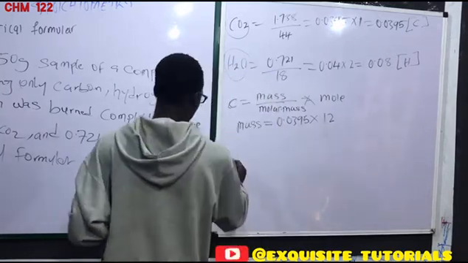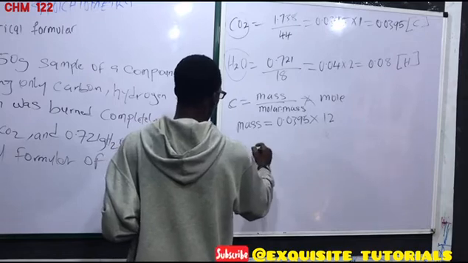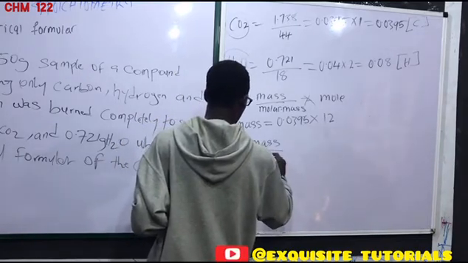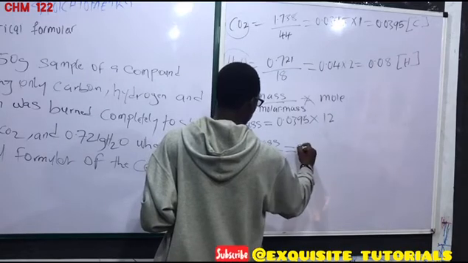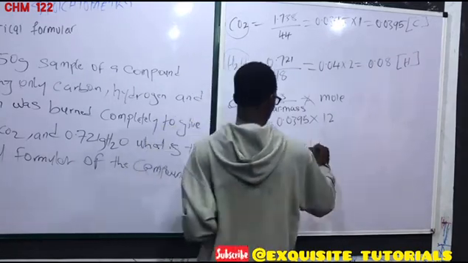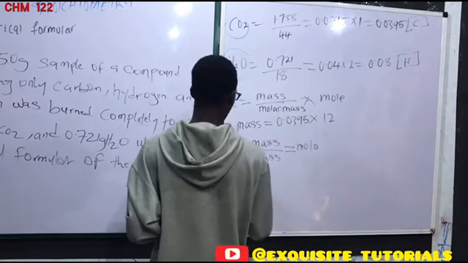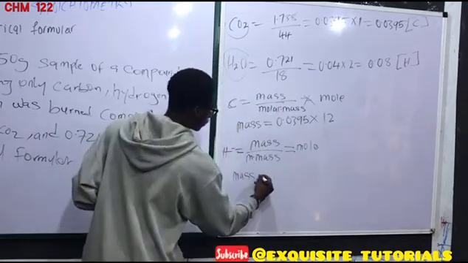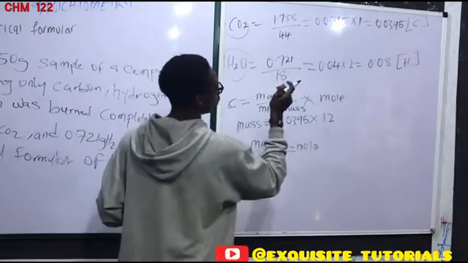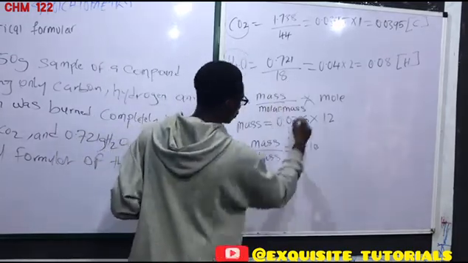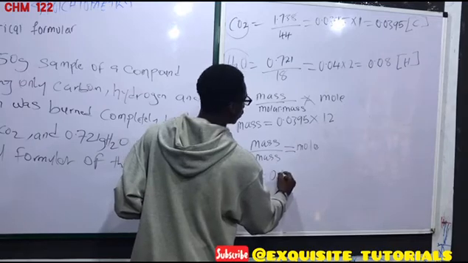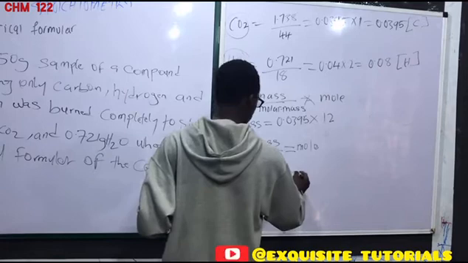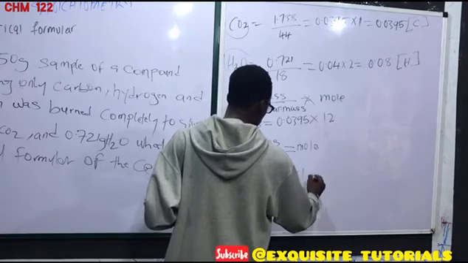Now same goes for hydrogen. We have hydrogen, moles is equal to mass over the molar mass. Then we have the mass is equal to the mole, 0.08, times the molar mass of hydrogen, which is 1.